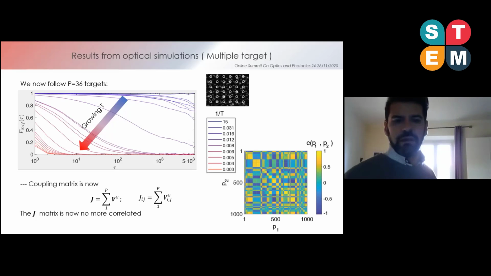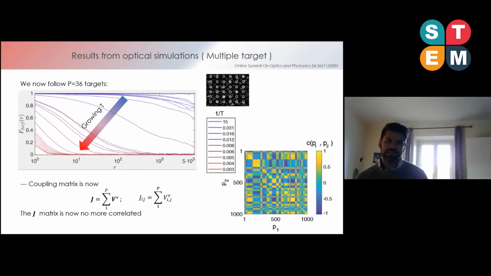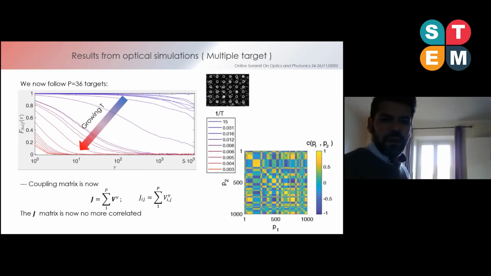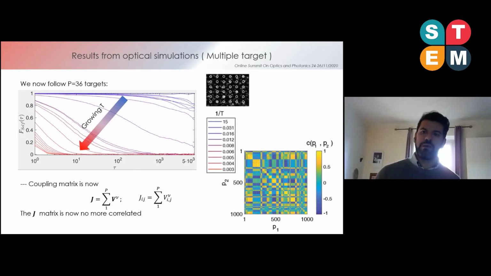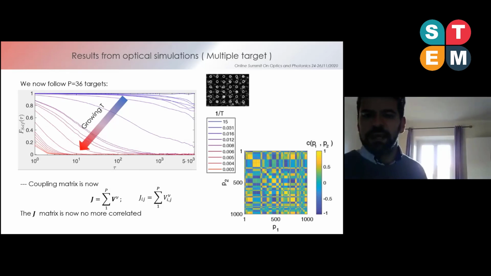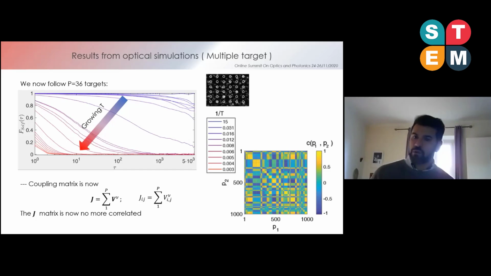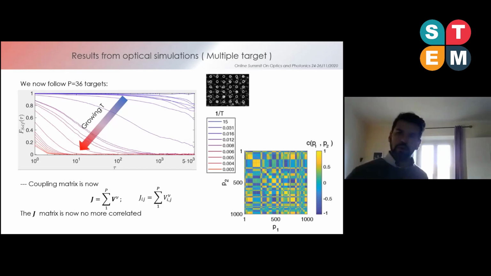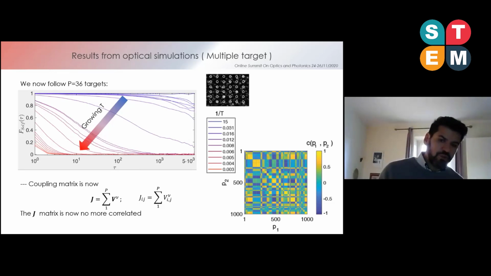So we construct this J matrix, and we construct an effective intensity Hamiltonian in which J is just a sum of transmission matrices at different points. And if they are placed at a distance which is larger than the speckle size, these transmission matrices are uncorrelated. And so we restore the expected J, which is completely Gaussian. So indeed, you find the complexity of the Sherrington-Kirkpatrick model.